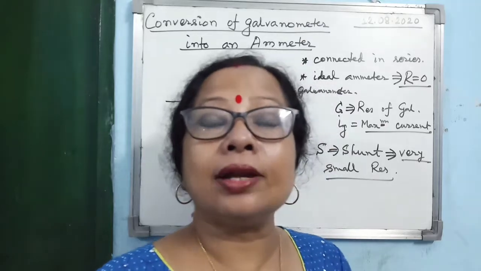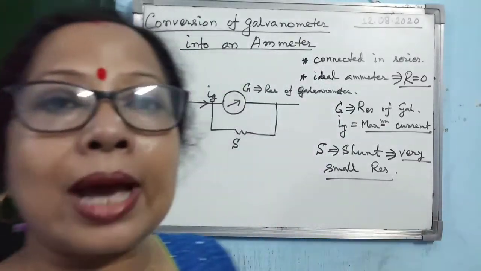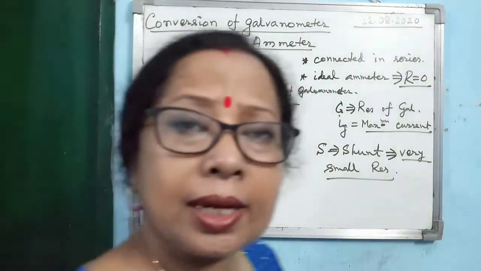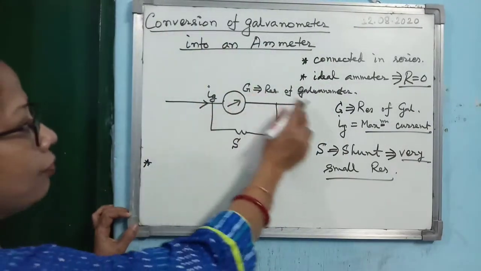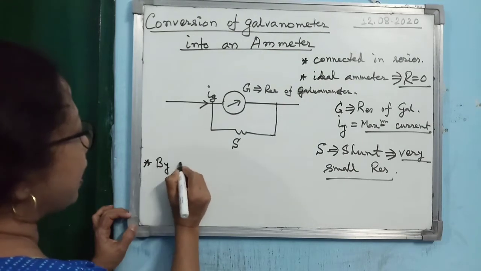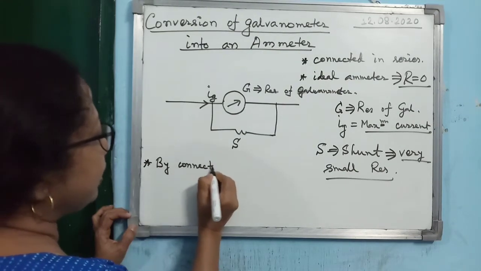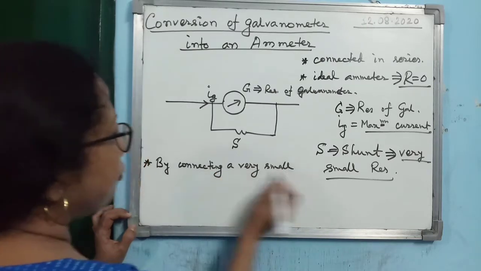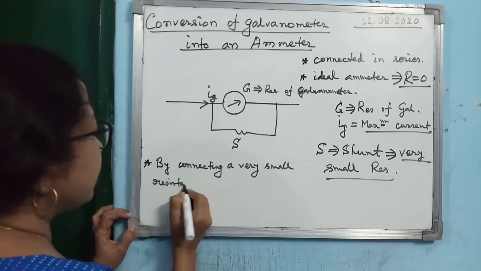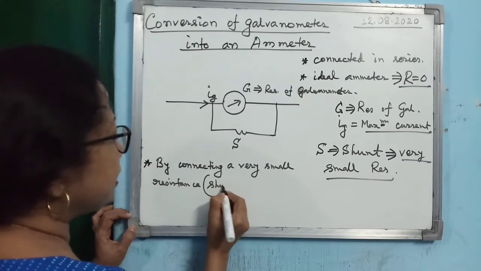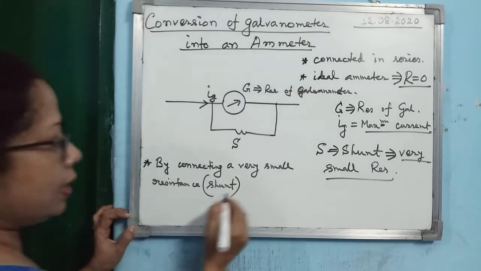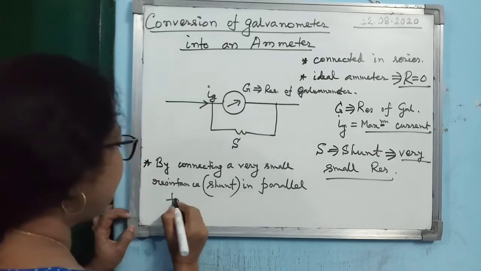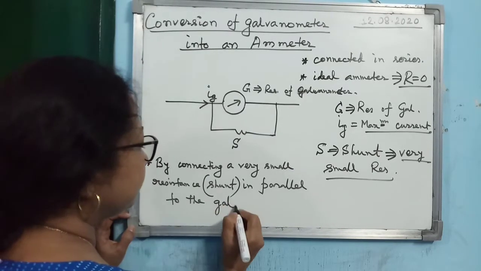So how can you convert a galvanometer into an ammeter? This is the question, sometimes it comes as a 1 mark question. So how can you convert a galvanometer into an ammeter? This is the answer: by connecting a very small resistance, and for a good answer you can mention the name of the resistance, shunt, in parallel to the galvanometer.